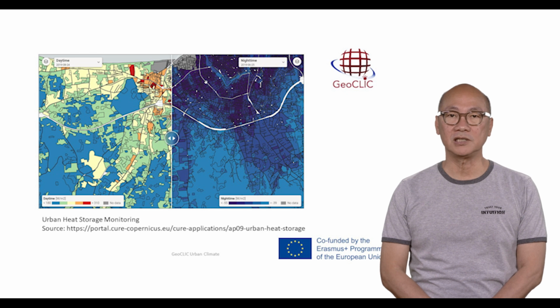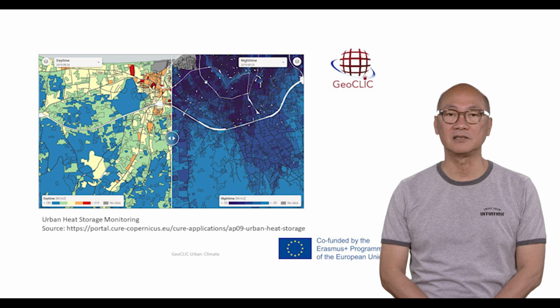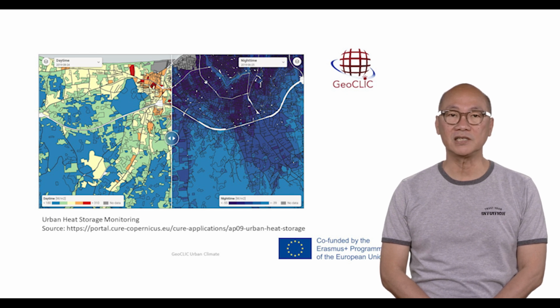The storage heat flux is defined as the net flow of heat stored within a volume that includes air, trees, buildings, and ground. CURE uses Copernicus services and satellite data for estimating the heat storage flux at the grid resolution of 100 by 100 meters, twice a day.